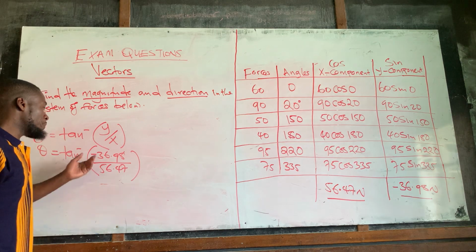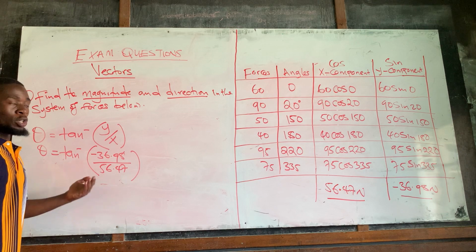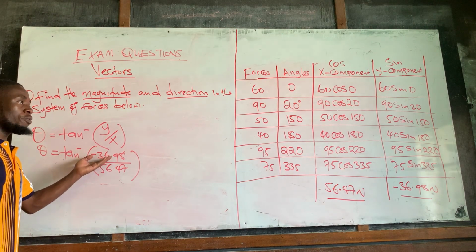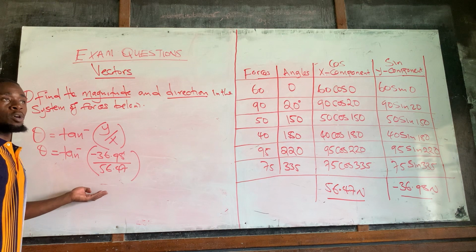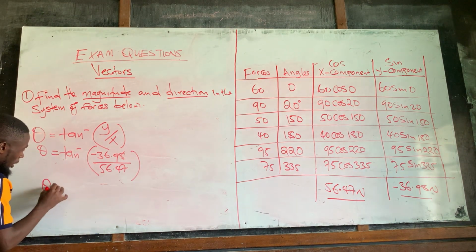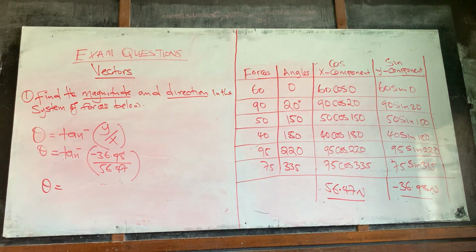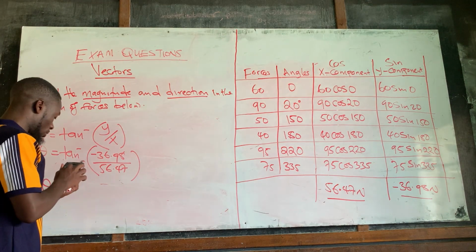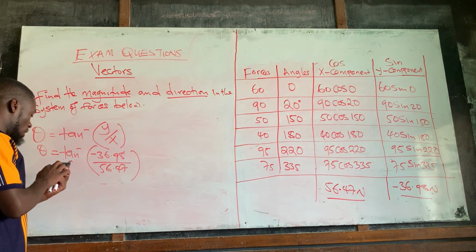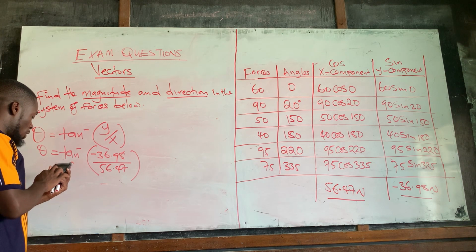The only difference is that if you leave out the negative, the angle will be positive, but if you put it in, the angle will be negative, but we still go through the same procedure. So here the answer will be theta equals: shift, tan inverse, negative 36.98 divided by 56.47.